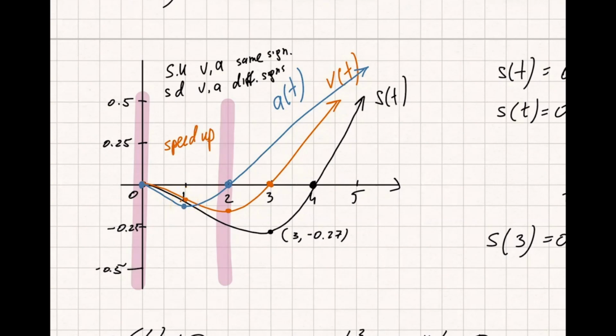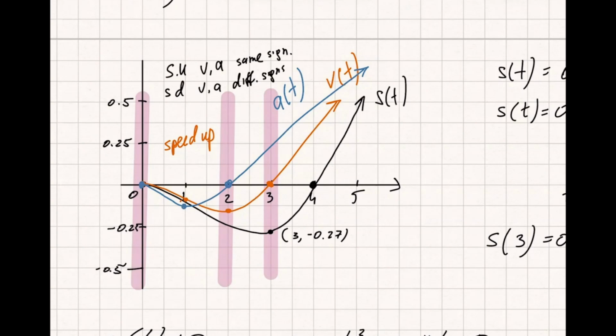Now, between 2 and 3 seconds, we see that the acceleration function is positive and the velocity function is negative. So from 2 to 3 seconds right here, acceleration is positive, velocity is negative, so their signs are different.